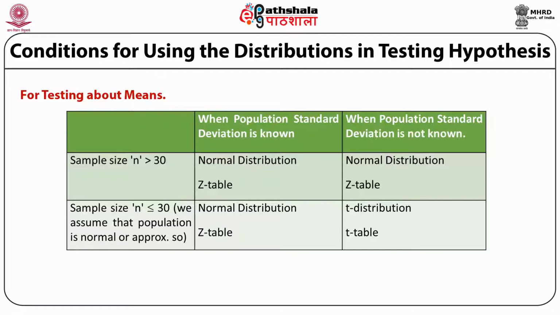On the other hand, if the sample size is less than or equal to 30, and we assume that the population is normally distributed, and the population standard deviation is known, you can use the Z table. But if the population standard deviation is not known and the sample size is less than 30, then you have to use the T test for hypothesis testing.